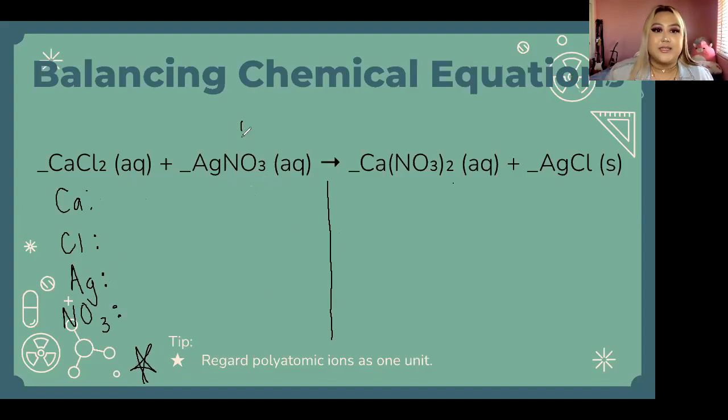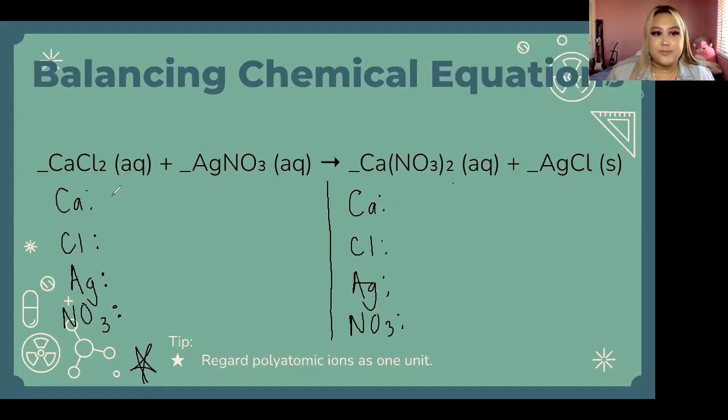But since this is a nitrate and this is a nitrate, we know that it doesn't break down into separate nitrogens and oxygens. So we do the same thing here, CaCl, Ag, NO3. I like to line them up in the same order just so we can see the numbers better. So how many calciums do we have here?